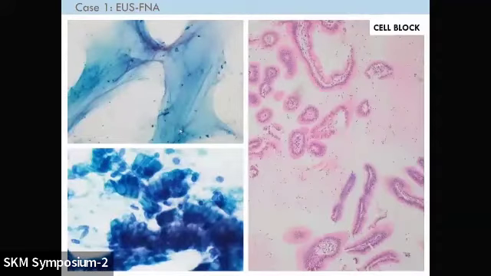These are additional images. Again, this is a Pap stained smear, and it shows this very nice characteristic colloid-like thick mucin that is often associated with cystic neoplasms. Over here, you can see the characteristic morphology of the mucinous epithelium.